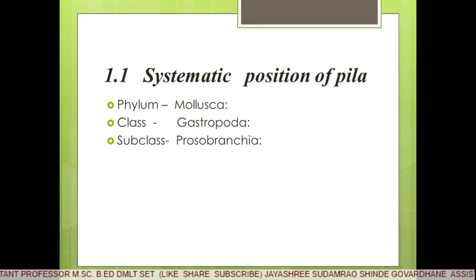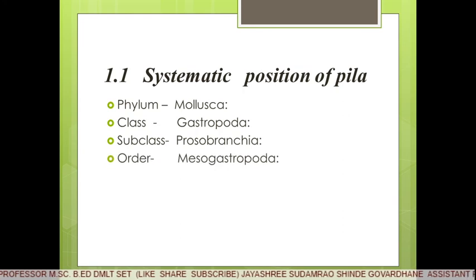Sexes are separate. Then order Mesogastropoda. First character is prosobranchs are usually with siphon, penis and a non-calcified operculum. Nervous system concentrated without pedal cords.